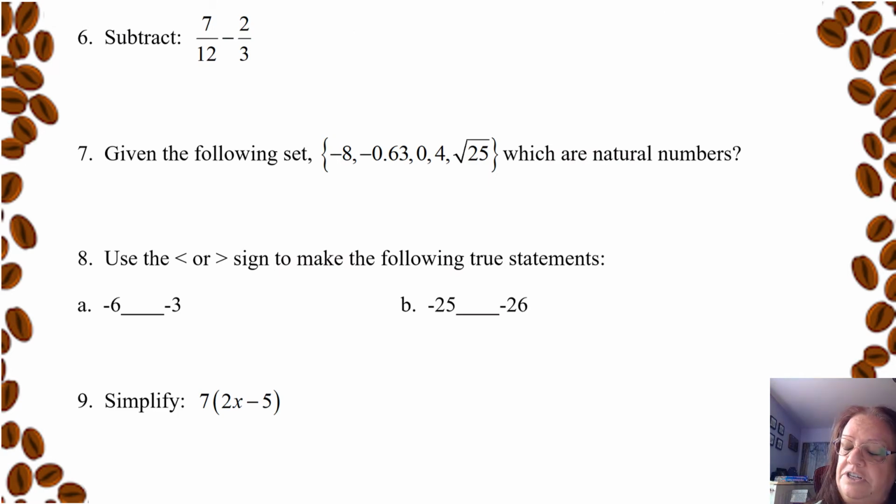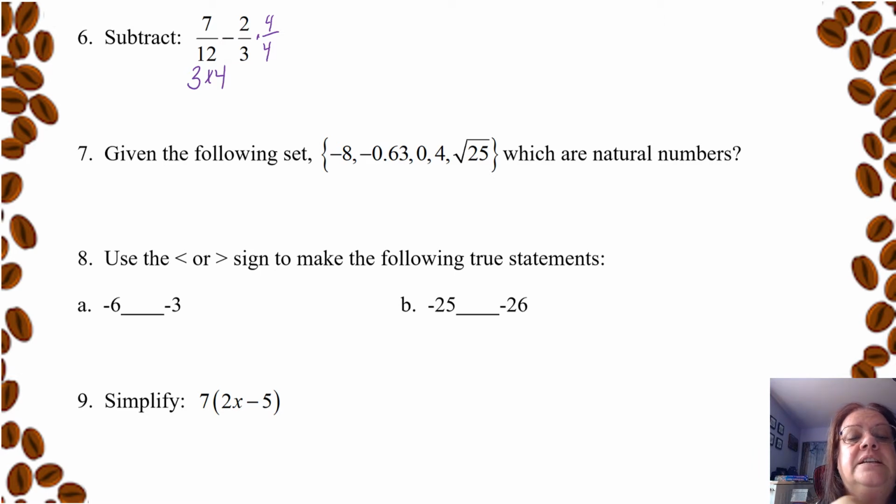Subtract. Different denominators, we have to do a common denominator. So 12, hang on, 12 is 3 times 4, and the other one is a 3. So that just means I only need to multiply the second term by 4 over 4.